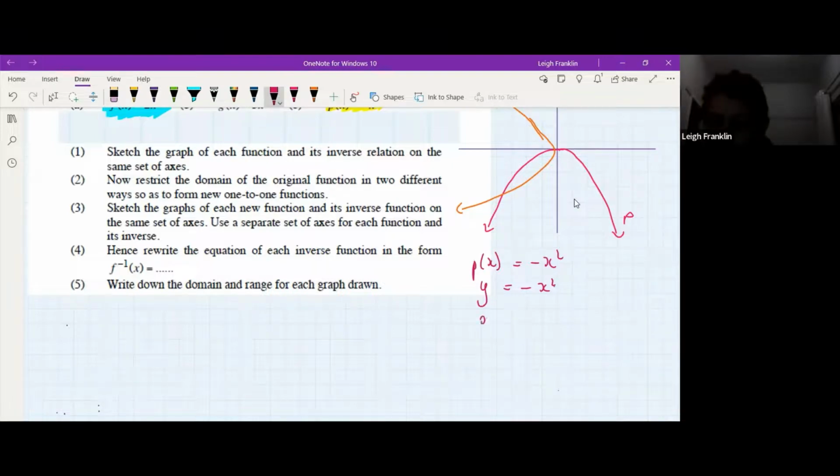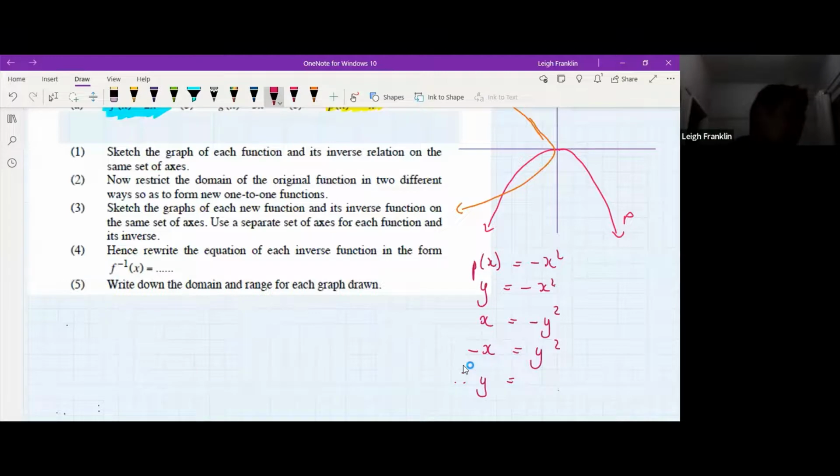So that means we've got x equals negative y squared. Now I need to make y the subject of the formula. I have to divide both sides by -1 first. So I've got negative x equals y squared.